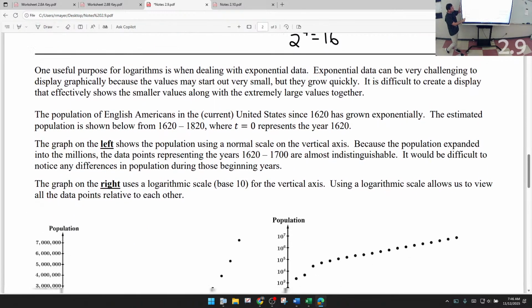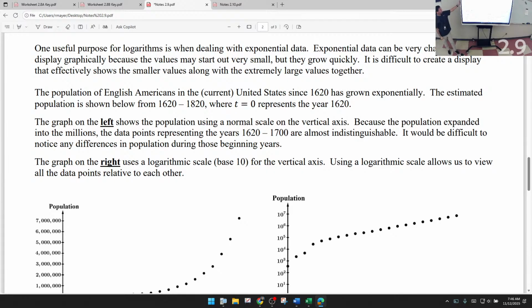All right, now, this is new to you. One useful purpose for logarithms is when dealing with exponential data. Exponential data can be very challenging to display graphically because the values start out very, very small and grow very, very quickly.